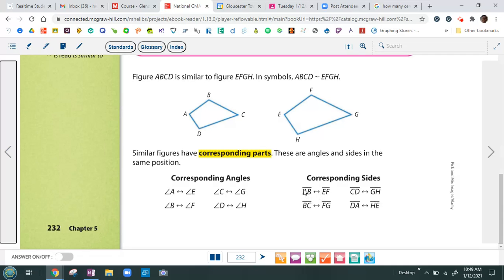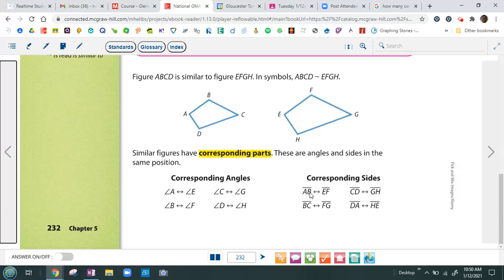The first letter you write has to correspond with the first letter in the second part of the name of this line. Because A and E correspond, A and E have to be written in the same position in the name. B and F are corresponding buddies, so they have to be written in the same position, and in this case, second.